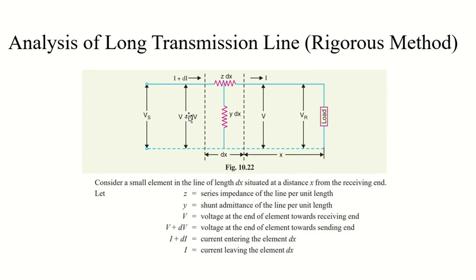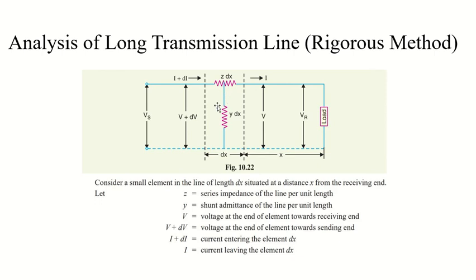Just like the difference we had dv here, here we will have the difference di. Now let's try to find the value of di here, the current through the shunt admittance of my element dx.